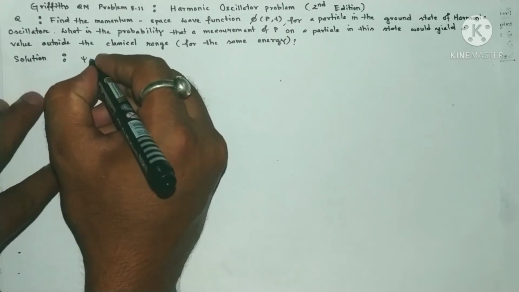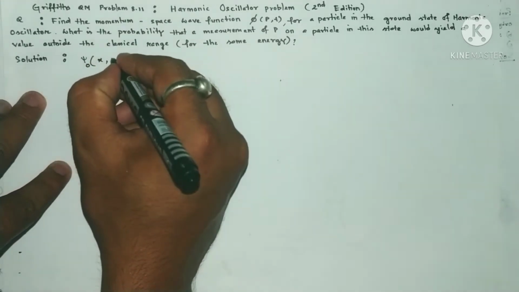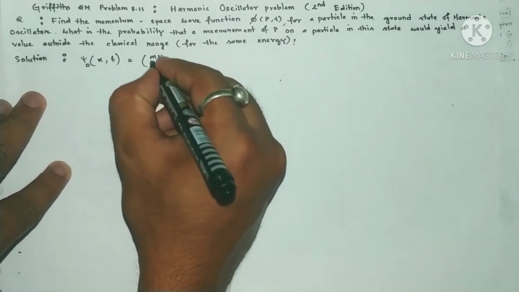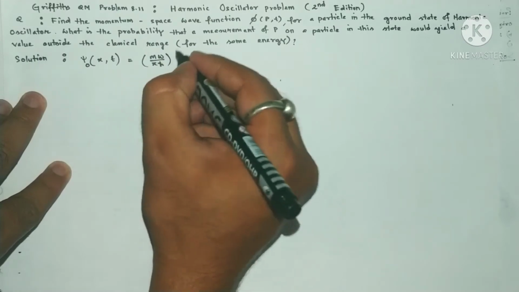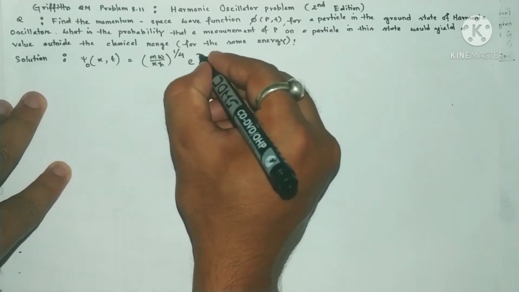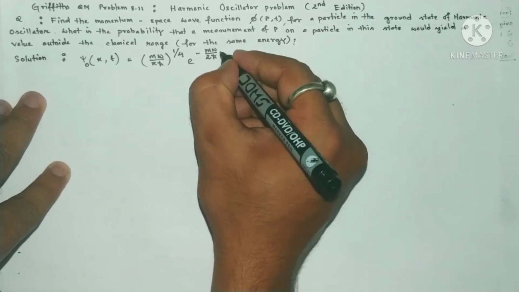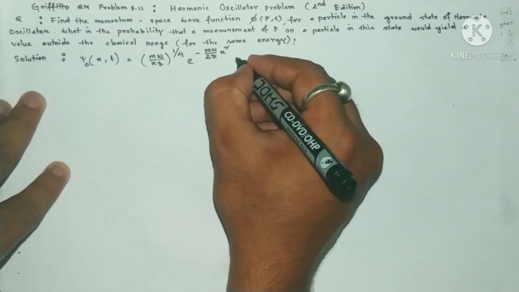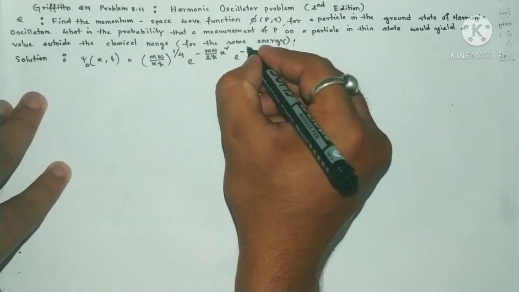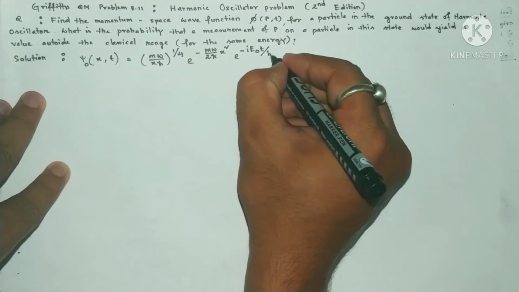It is psi naught, since it's the ground state wave function, psi_0(x, t) equals (m omega over pi h cross) to the power 1/4, e raised to minus m omega over 2 h cross x squared, times e raised to minus i E t by h cross.